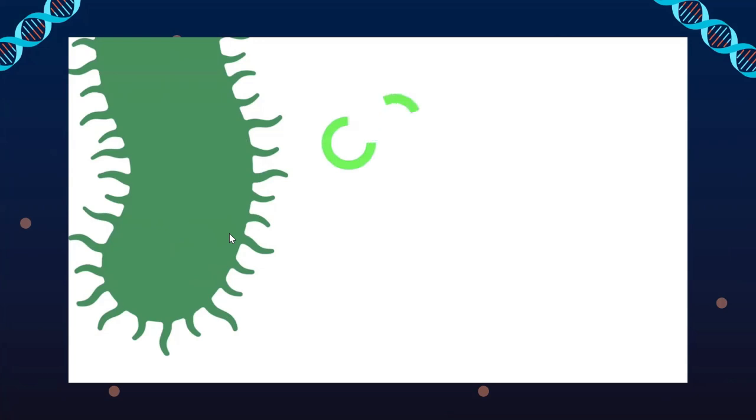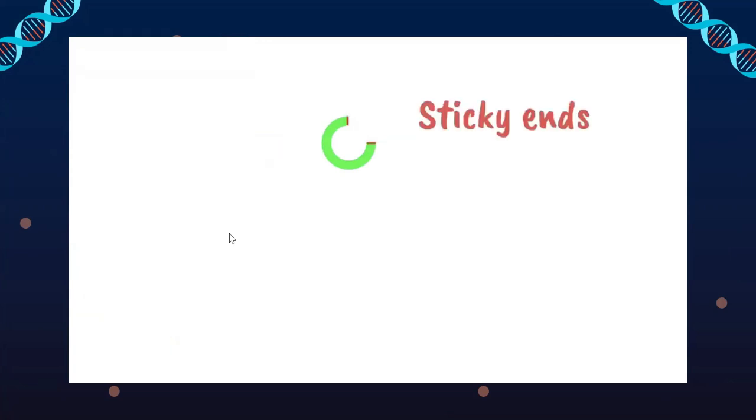Okay? So the plasmids now that we have, meron na siyang tinatawag na sticky ends. Okay? Yung red po natin doon, yun na po yung tinatawag natin na sticky end.